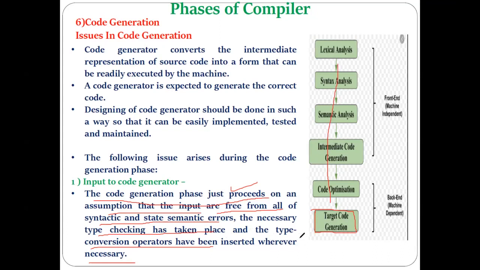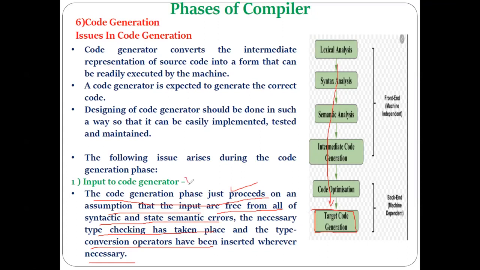There is no syntactic error, no semantic error, no issue related to type checking, etc. So in short, the code given to the target code generator phase should be error-free code. That is assumed by the last phase of the compiler: whatever code it is receiving is free of all different kinds of errors.